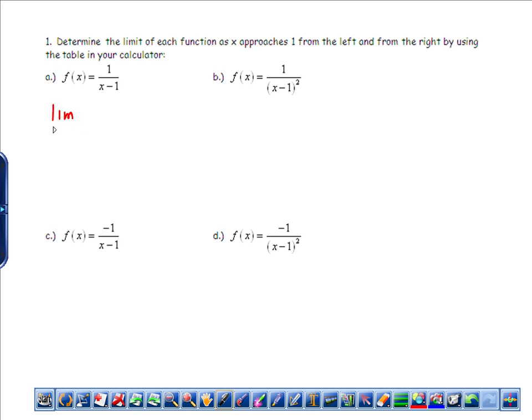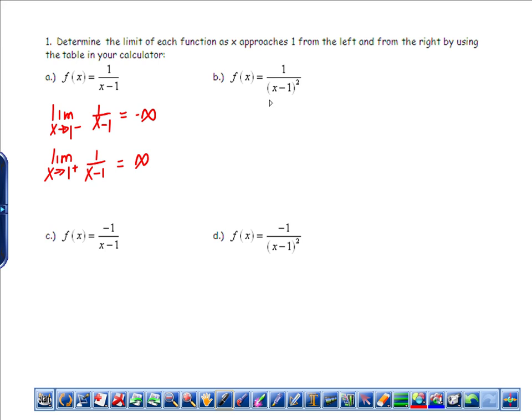Let's not just write our two answers. Let's write the limit as x approaches 1 from the left of 1 over x minus 1, that equals negative infinity. And the limit as x approaches 1 from the right of 1 over x minus 1, that equals positive infinity.